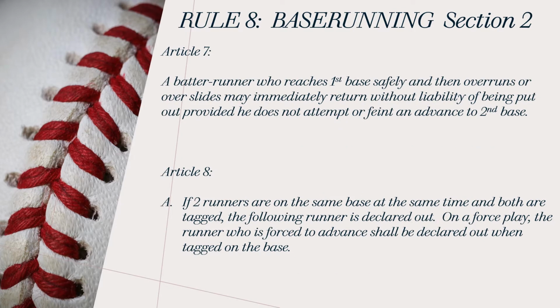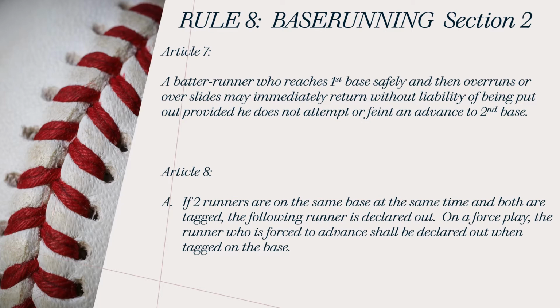Article 7 states, a batter runner who reaches first base safely and then overruns or overslides may immediately return without liability of being put out, provided he does not attempt or feint an advance to second base. Especially in your lower level schools and games, they may not realize that even if they cross first base and go a little bit into fair territory, that's not illegal.